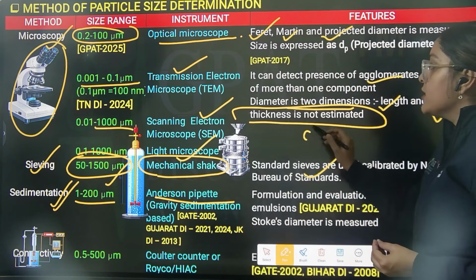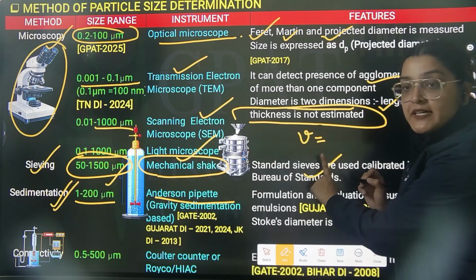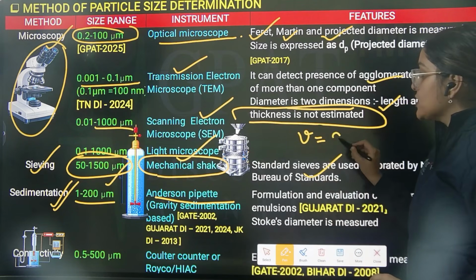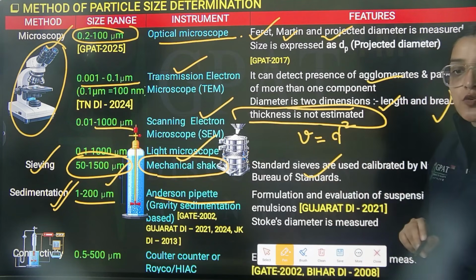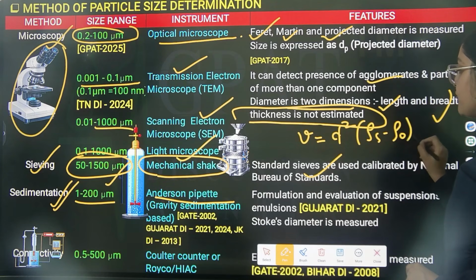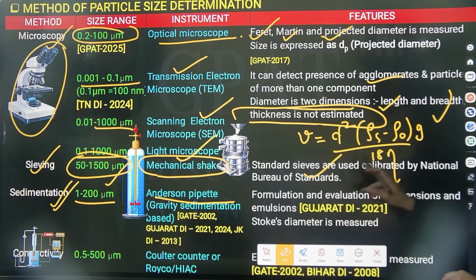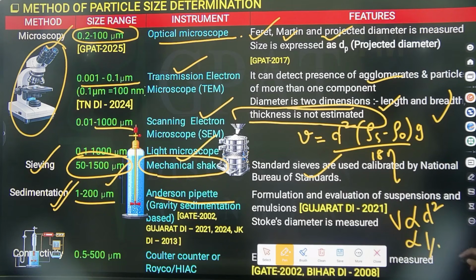Stokes law equation states that the velocity of particle sedimentation is directly proportional to the square of the diameter into the density difference, upon 18 eta. This gives us an idea that the velocity of particle settling is directly proportional to the square of the diameter and inversely proportional to the viscosity.